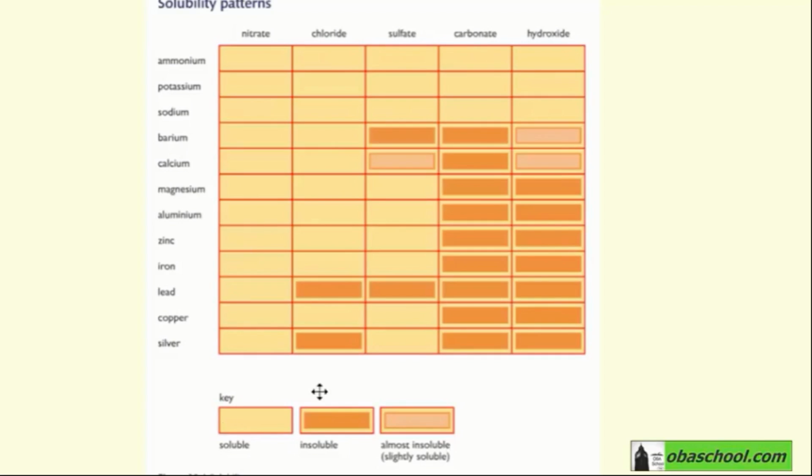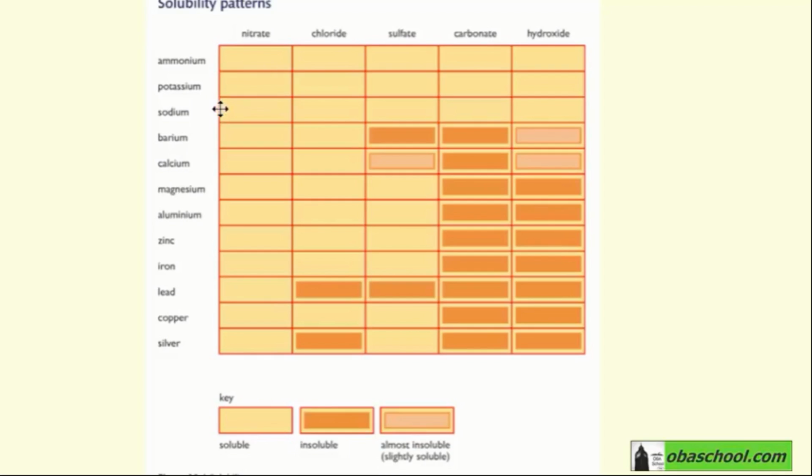First, we'll read the key. The light brown box is soluble. The dark brown box is the insoluble, and the one in between is almost insoluble or slightly soluble.